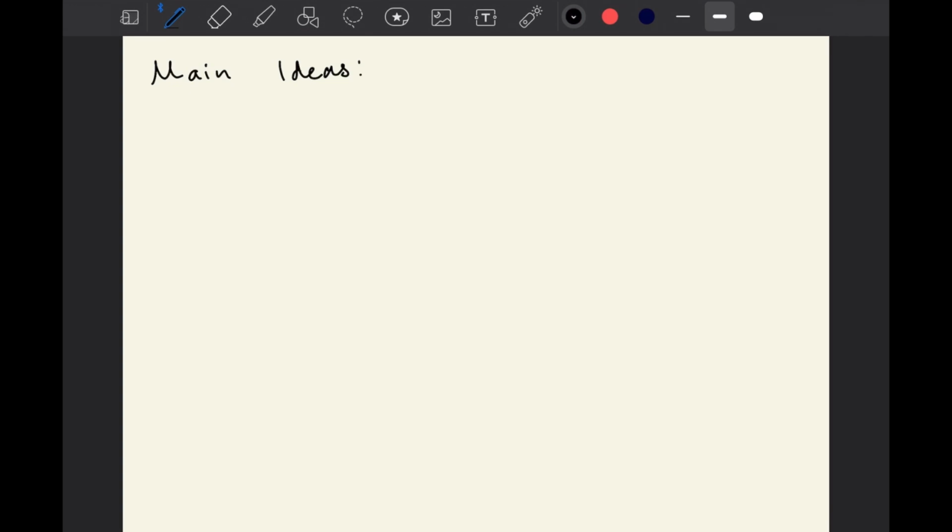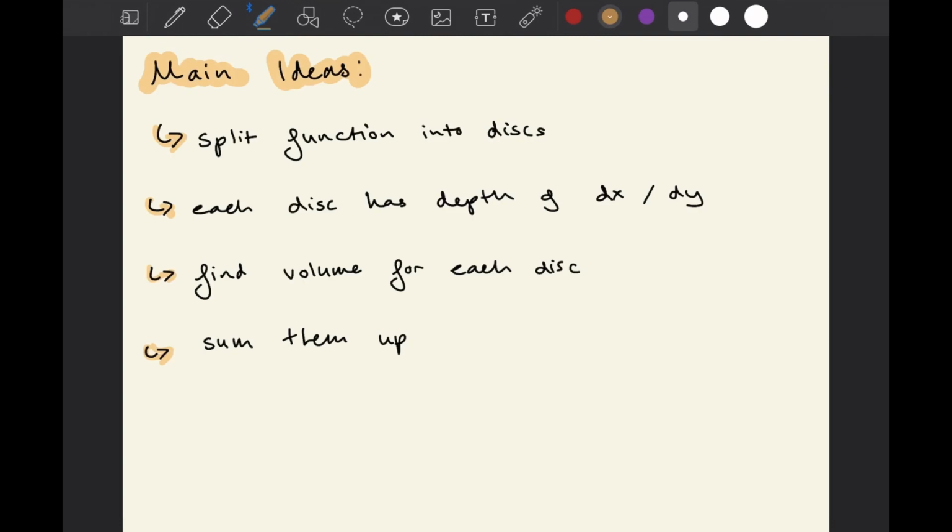You multiply this by the depth, dx or dy, and then you sum it all up. This is where the integral sign comes in, and you sum it all up to get the total volume. So these are the main four steps: splitting the function into disks, each disk having a depth of dx or dy, finding the volume for each disk, and summing all of the disks up, which is infinitely many disks.